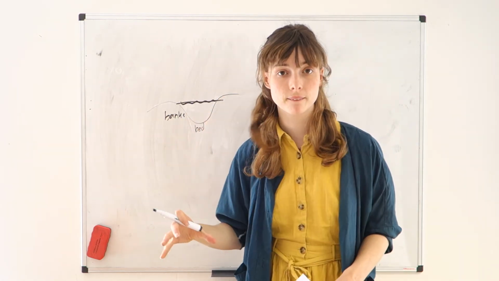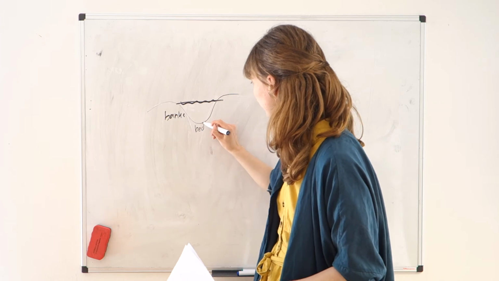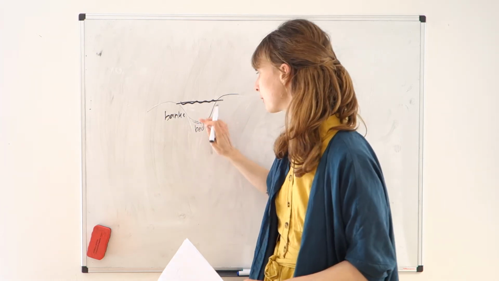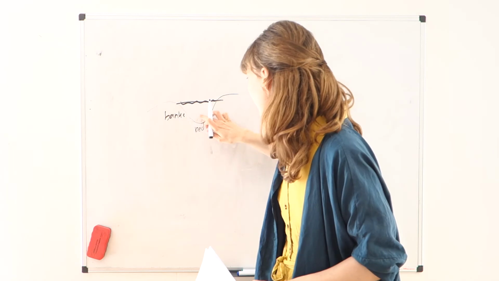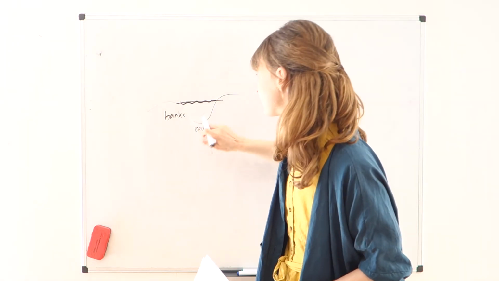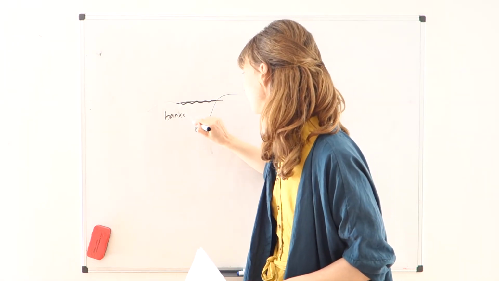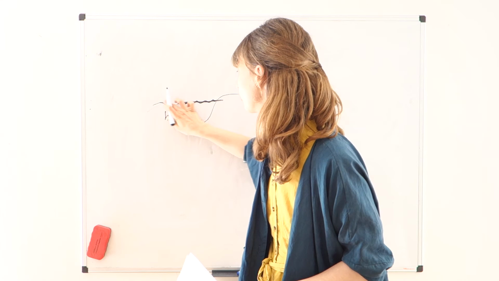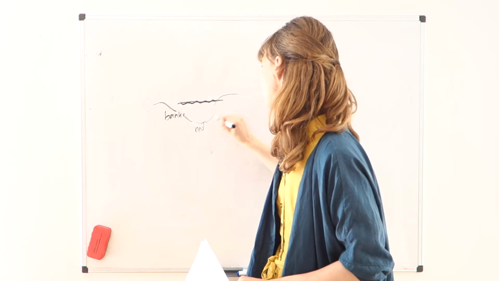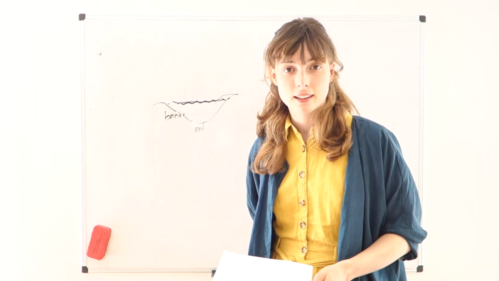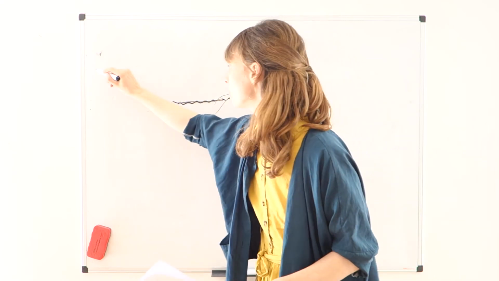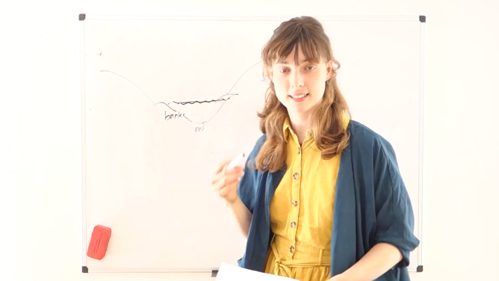The water will erode the bed. It will break it down. It will make the bed deeper. It will erode the banks. It will make the banks move backwards so the channel gets wider. And as it does this, it also erodes the valley it's in.